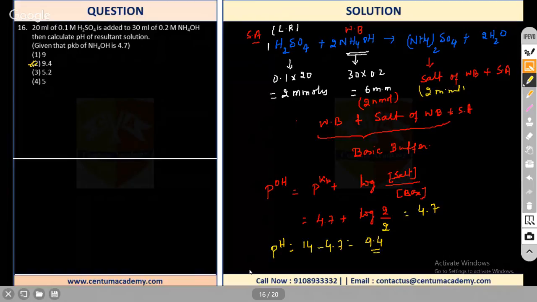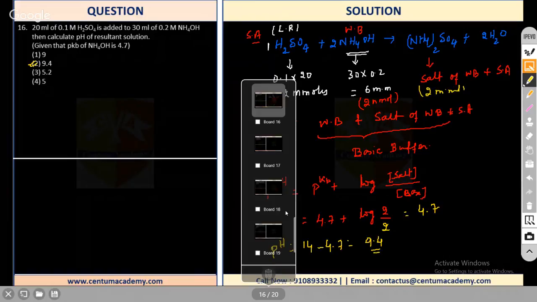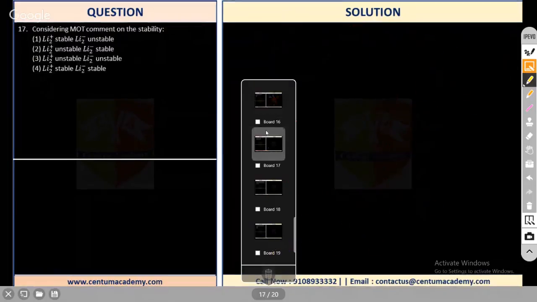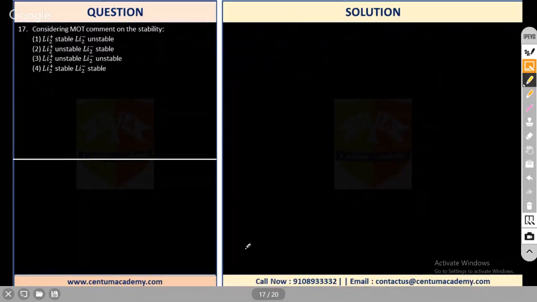Next question, question number 17. Consider the MOT, comment on the stability of this. Okay, so according to MOT, from molecular orbital theory, we have the concept of bond order, right? And from this theory only, we come to know that the bond order can have a fractional value also.